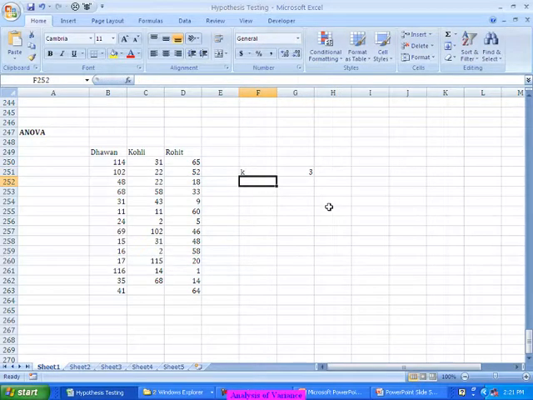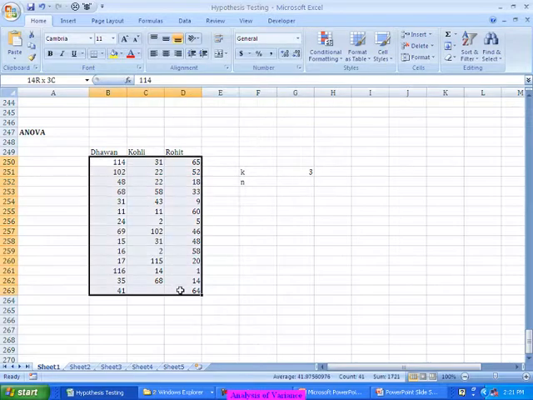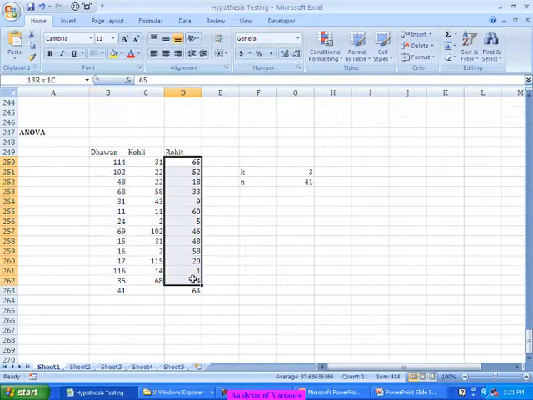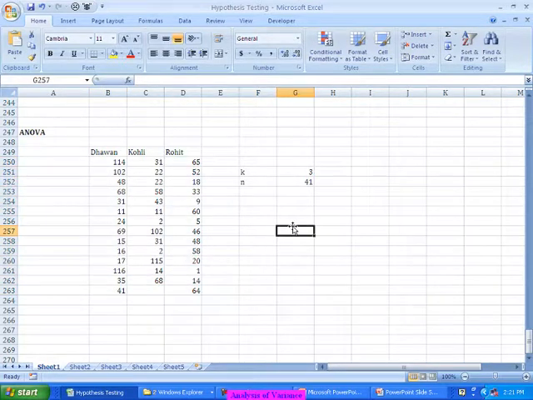So we have three different treatments. N is the total sample size across all the groups put together. The total sample size is 41. So probably we have some number for Dhawan, some number for Rohit, and like that we have around 41 total observations that were collected.